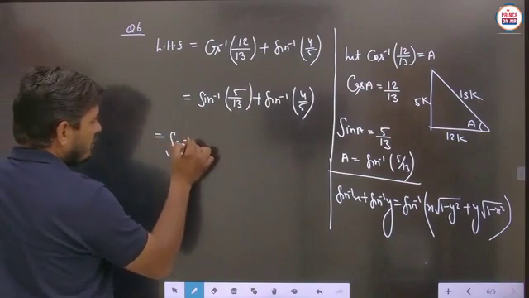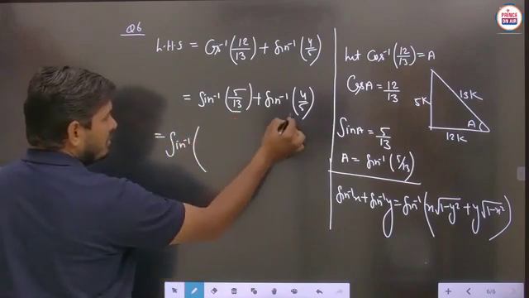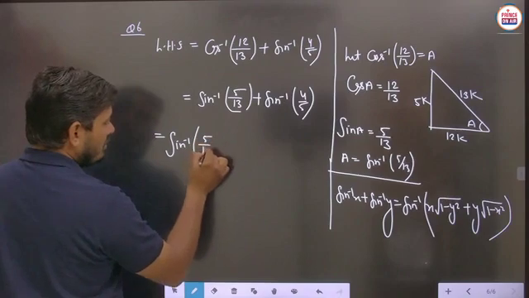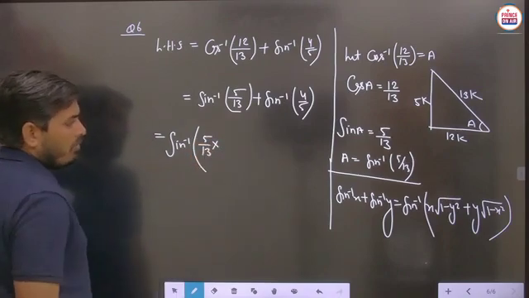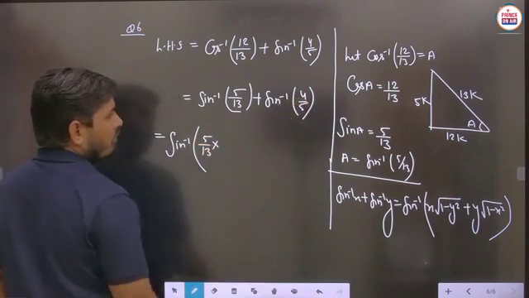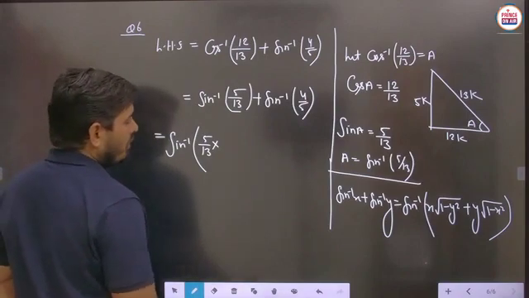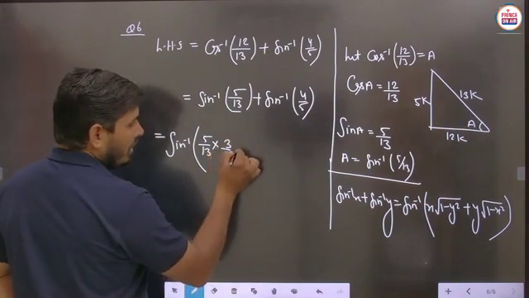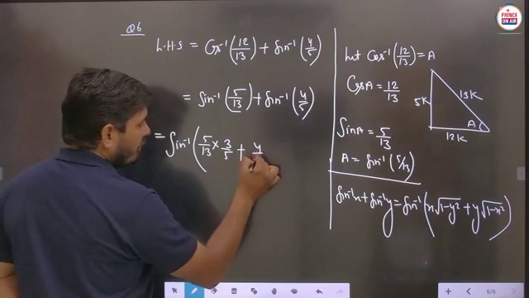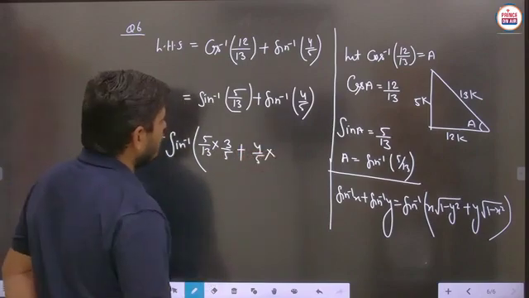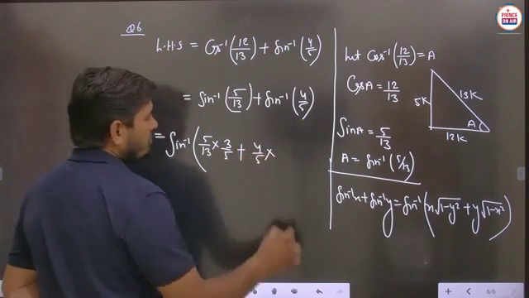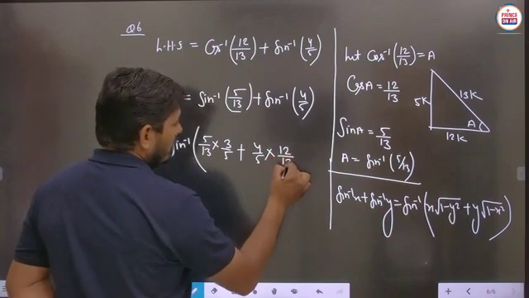Then sin inverse x, this is x and this is y. So x is 5 by 13 under root 1 minus y square. So 1 minus 16 upon 25 will be 3 by 5, and plus y is 4 by 5 under root 1 minus x square. So 1 minus 25 upon 169, so this is 12 by 13. You can say that.